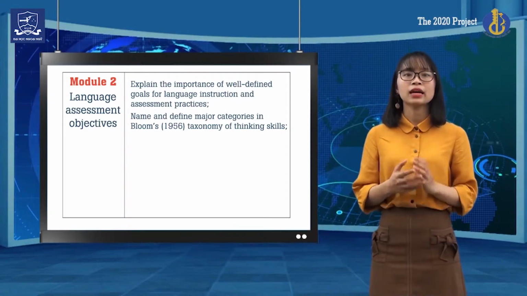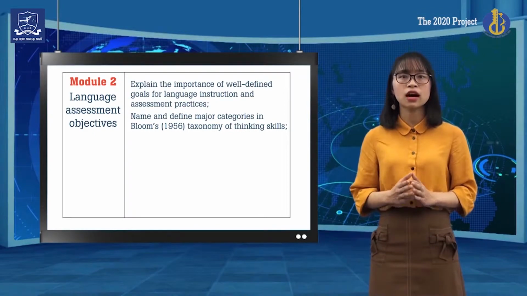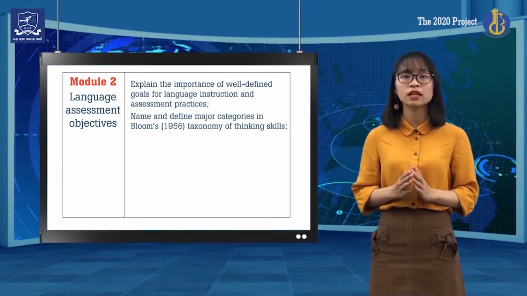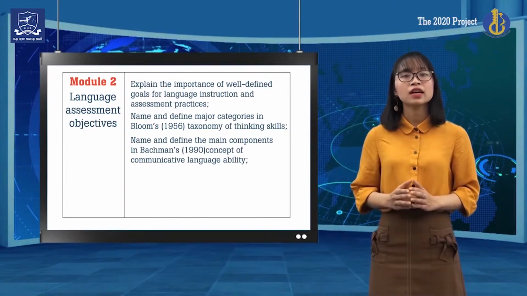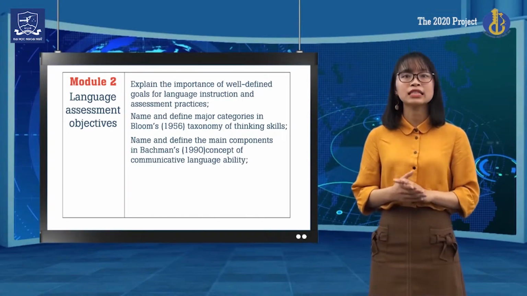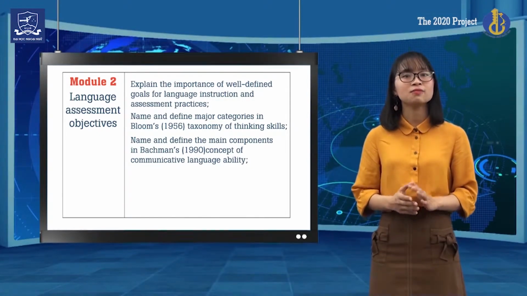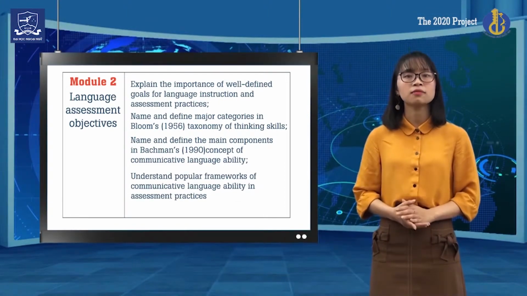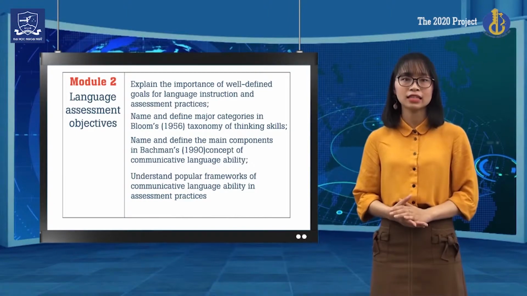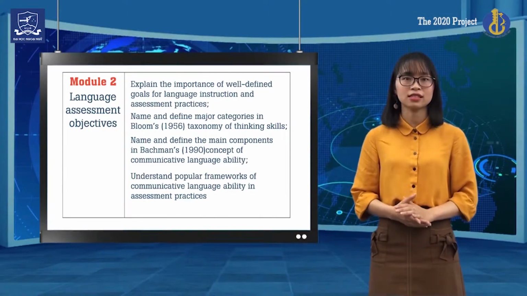Besides, the main components in Bachman's concept of communicative language ability are defined. Another learning target that you may need to achieve in this module is to understand popular frameworks of communicative language ability in assessment practices.